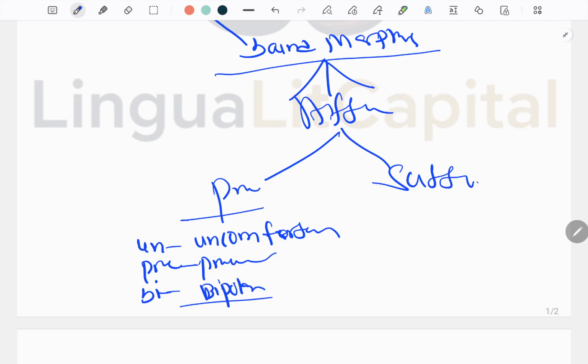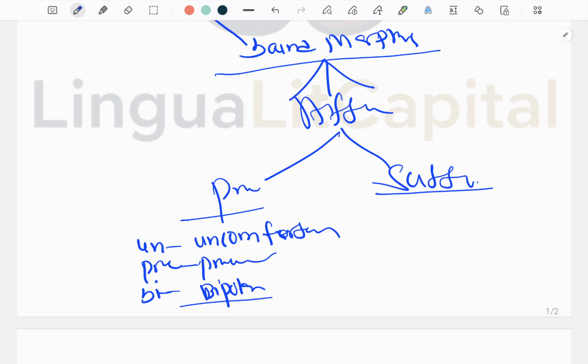In the same way, when do we talk about the suffix? Suffix means that if there is any word, and in that word we add something, after adding something, the meaning of that word gets changed.